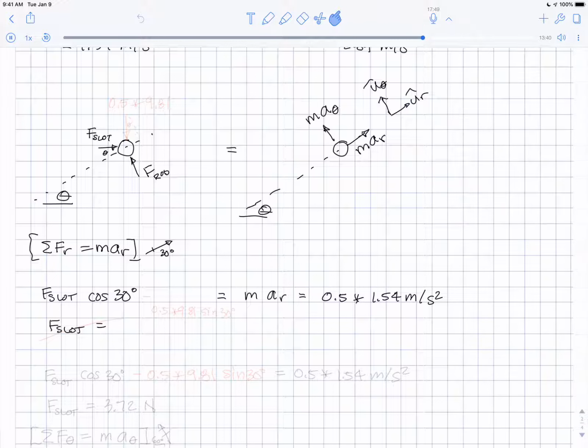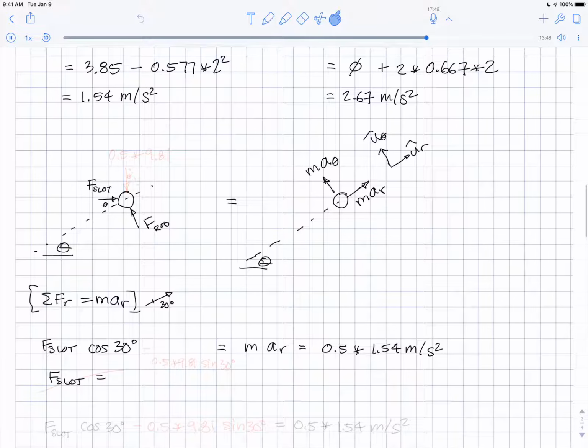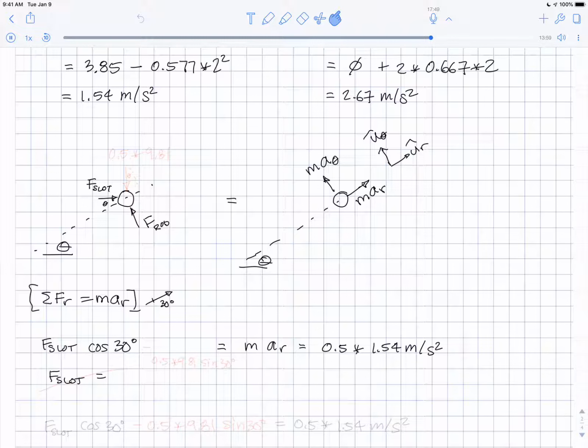I got the wrong force. When I looked at it more carefully, I missed that it said the slot was vertical, which meant up and down, which meant in the direction of gravity. So what I am missing on my free body diagram is the weight of the pin, which is half a kilogram times 9.81. I missed that.